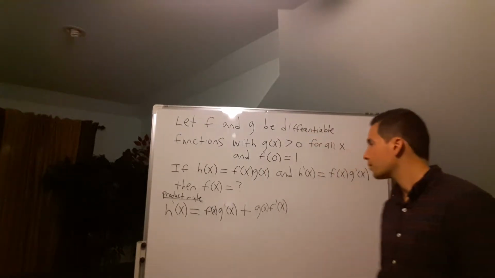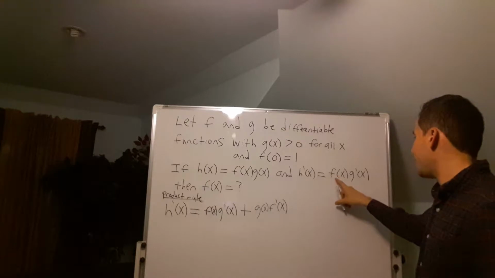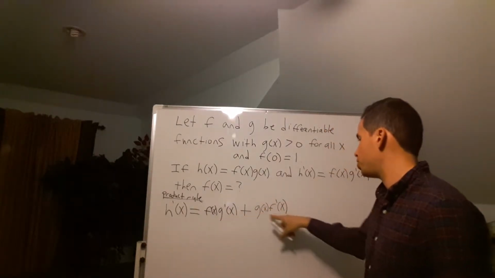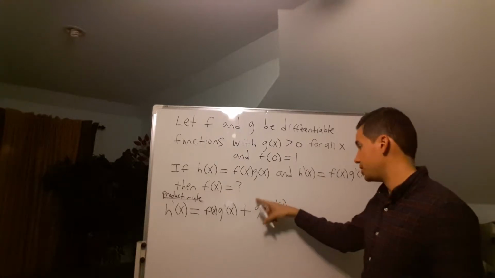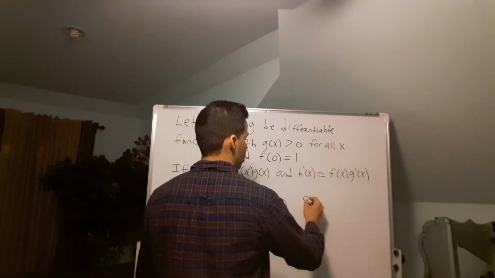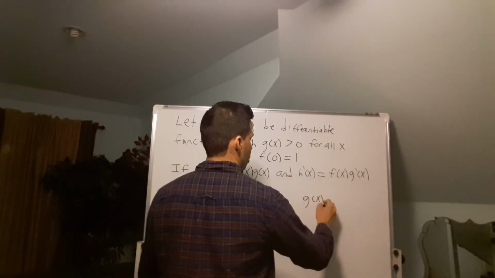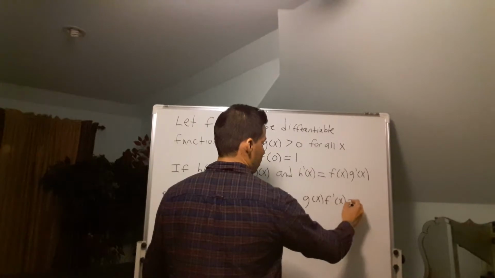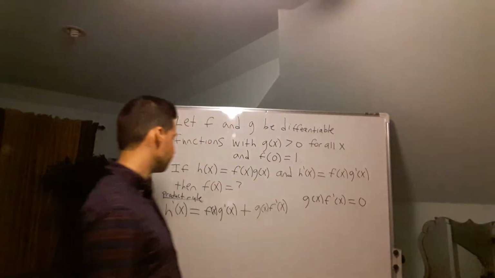Okay? So they got f of x times g prime of x. So this portion, therefore, they're telling us this must equal 0 over here. So let's write that down. g of x times f prime of x apparently is equal to 0.